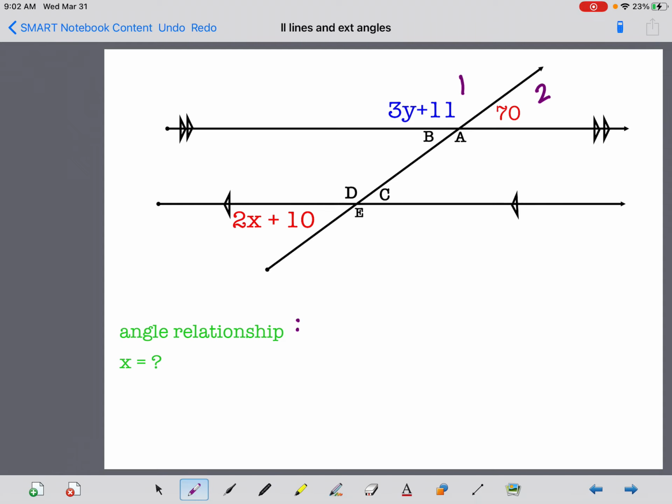Okay, hopefully you paused the video and now you can check your work. These two angles are on the same line together, and if I connect those angle arcs together, they make that nice half circle, and so these are a linear pair.